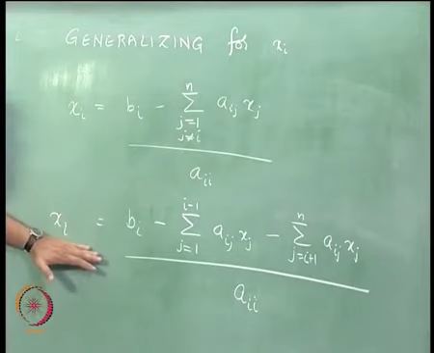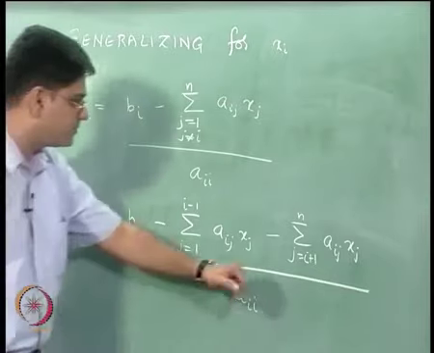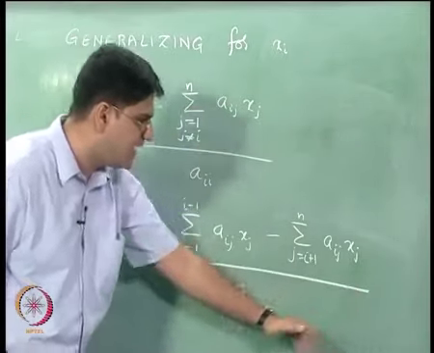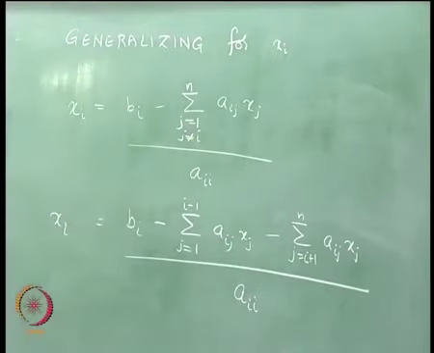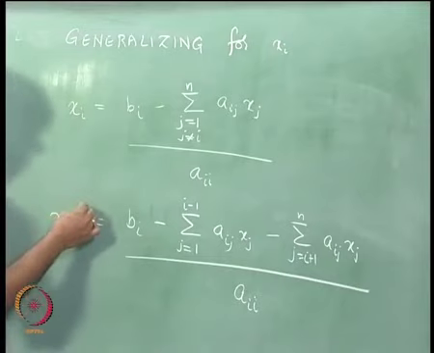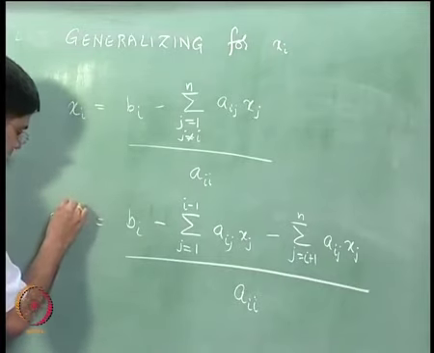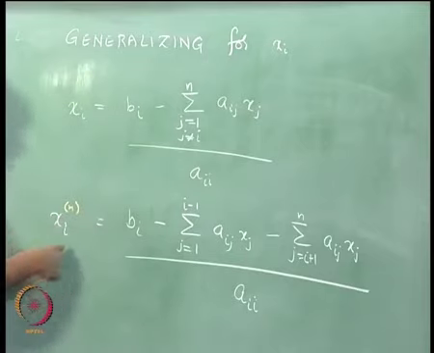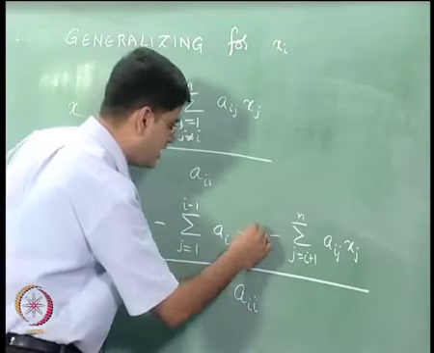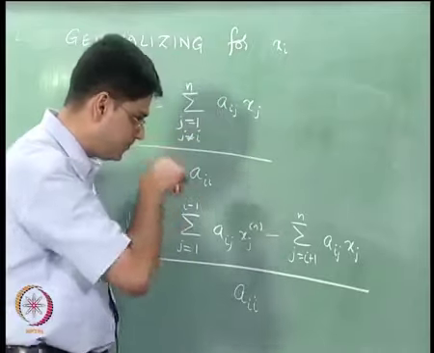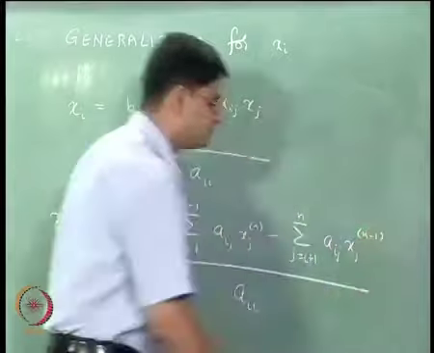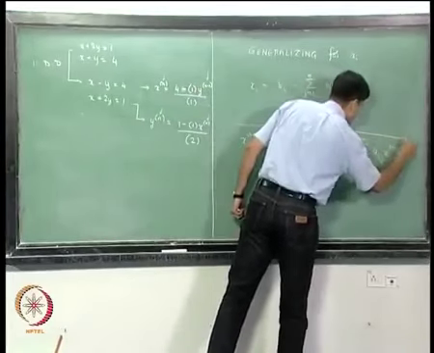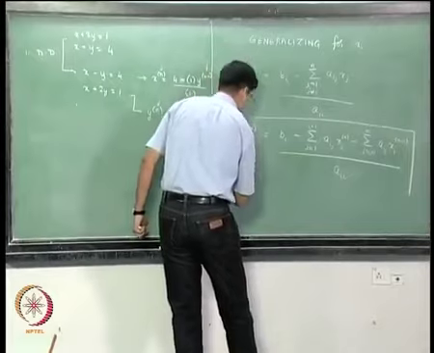What we will use to get the xi value is the new values of xj for the subdiagonal elements and all the old values for the superdiagonal elements. So xi at iteration n is equal to bi minus aij xj at n, minus aij xj at n minus 1, divided by aii. This represents the Gauss-Seidel method.